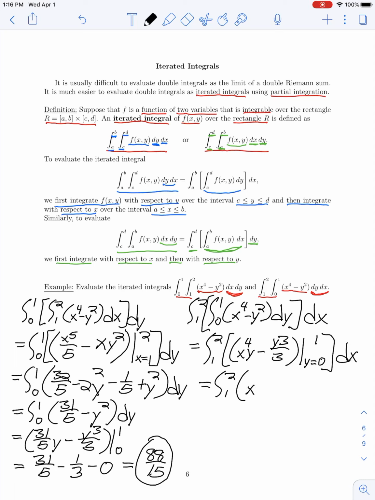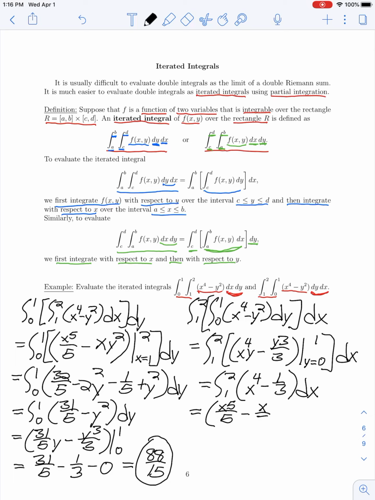And whatever we're left with, we will then integrate with respect to x. So substituting 1 in for y, we have the integral from 1 to 2 of x to the 4th minus 1/3. And when we substitute 0 in for y, we're left with 0.